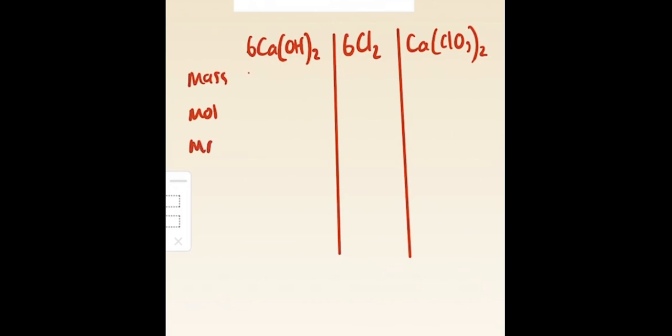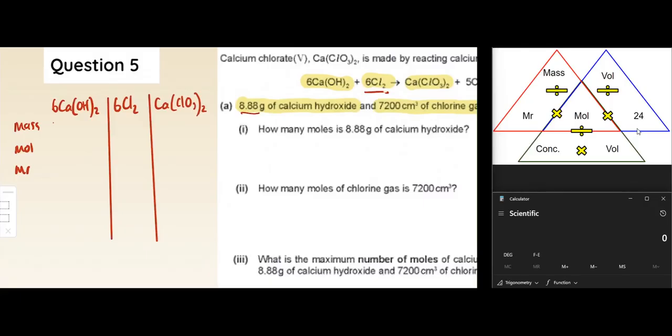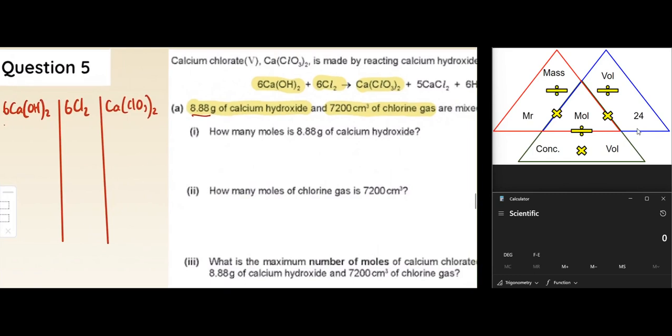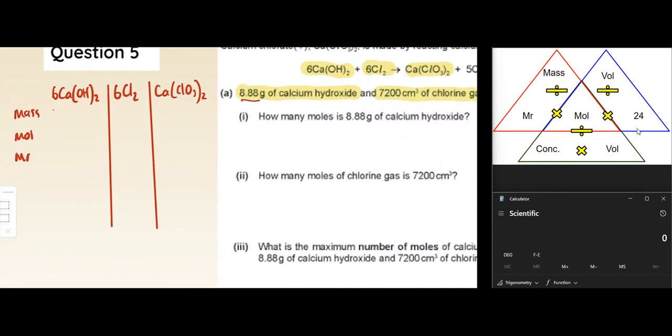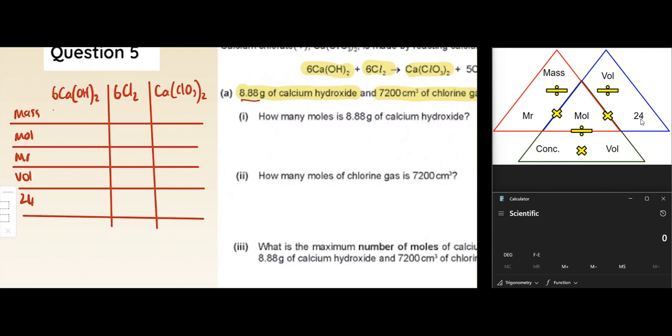And we also know that we've got a gas, because we know that chlorine is a gas, and it also tells us that in the question here. So we know that we're going to be up here in our vol, mole, 24 gas triangle as well. So we've got vol and 24. So we can go ahead and put the lines in our table so we don't get confused with anything. All right, now we're good to go.